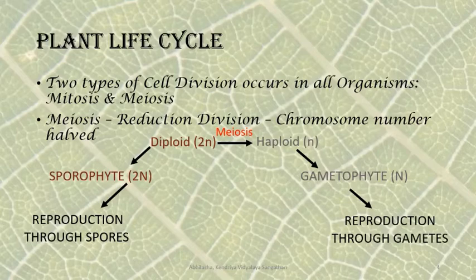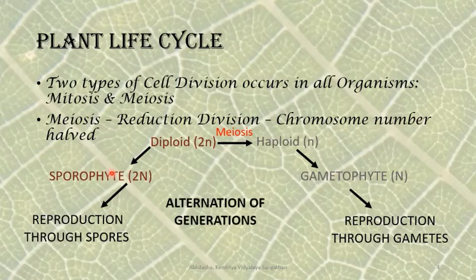In a plant, the life cycle comprises these two phases, the sporophytic phase and the gametophytic phase, alternating with each other. This type of life cycle is known as alternation of generation, during which sporophyte and gametophytes alternate with each other, that is, come one after the other repeatedly.